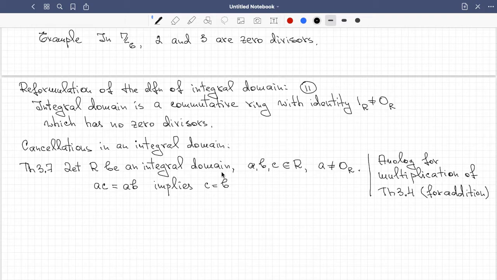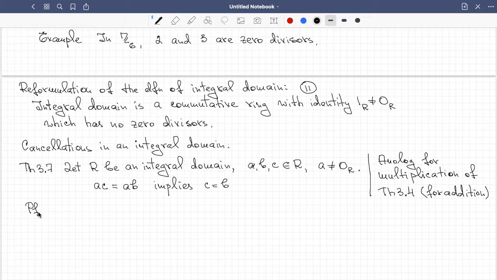I will not explain the whole proof. It is in the book, but I will put some remarks about the proof.